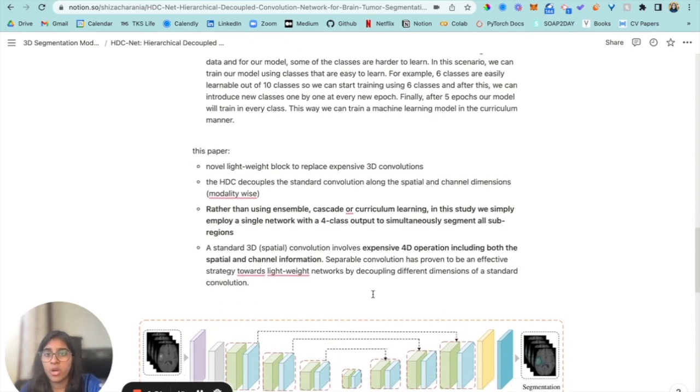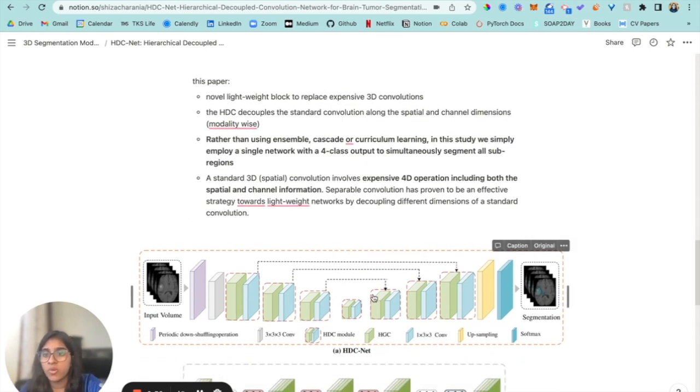In this paper, they talked about a very novel technique of HDC modules, and they're replacing the expensive 3D convolutionals, where you would usually have a 3x3 convolutional, and then another 3x3 convolutional, and then a bunch of things. Honestly, you'd have the max pooling layer, the ReLU, all of that sort of stuff that usually happens in a typical convolutional block, and it is quite expensive.